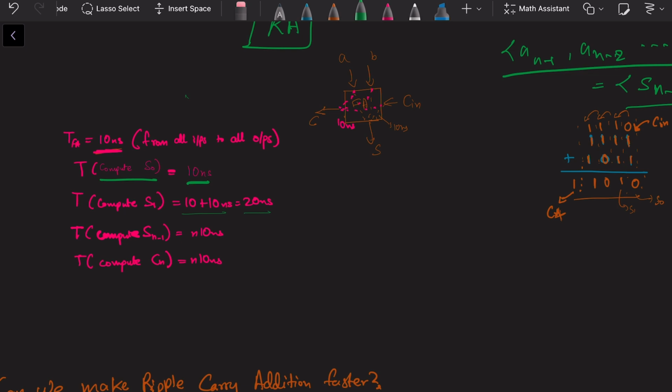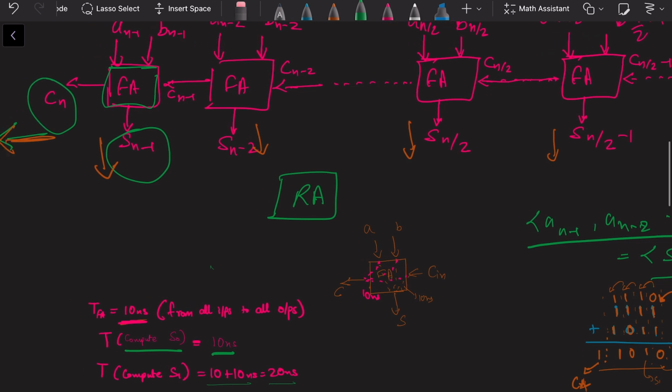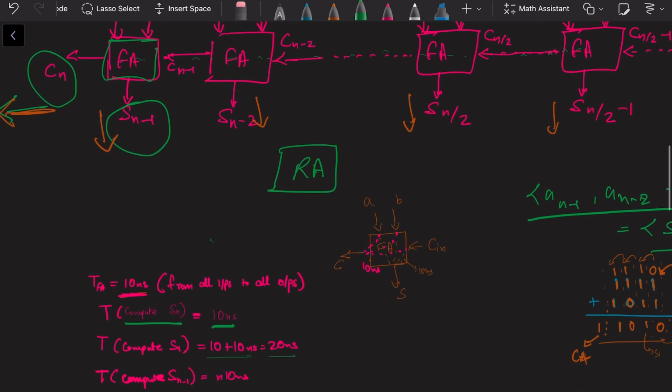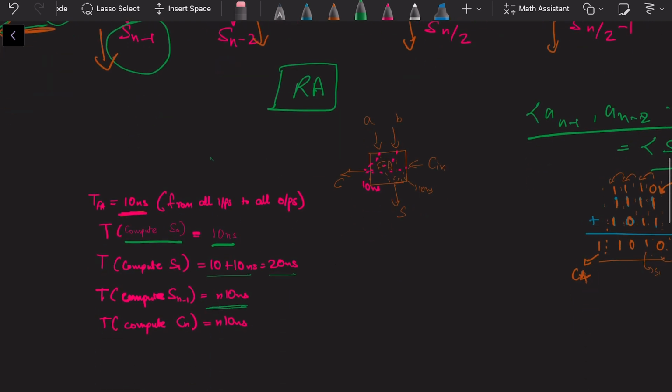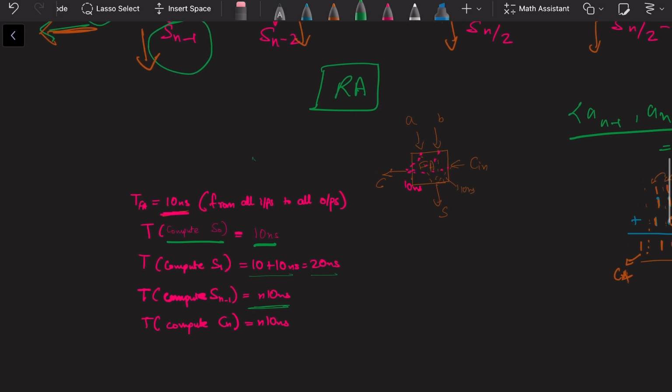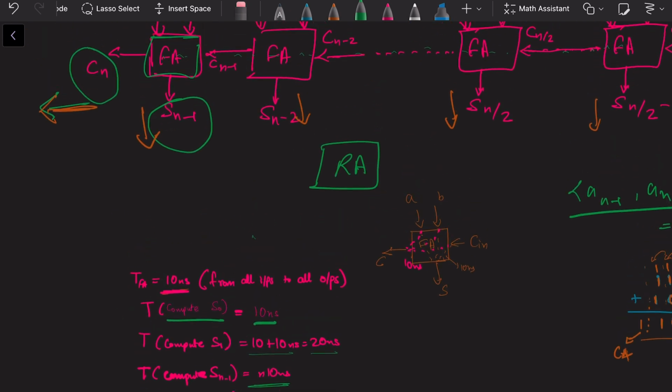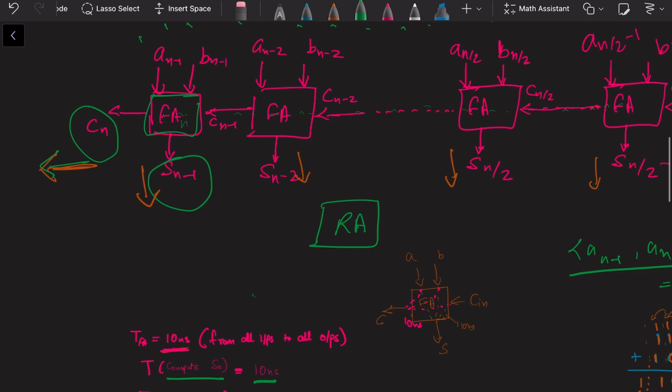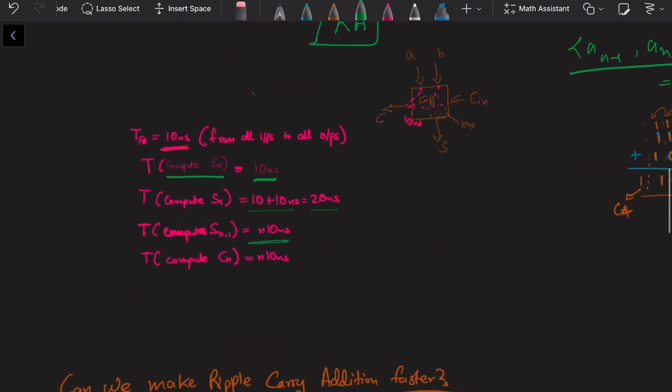Similarly, if you want to compute Sn minus 1, which is after n full adder stages, then that becomes n times 10 nanoseconds. And the time to compute Cn, which is the carry out of the nth full adder, is also going to be n times 10 nanoseconds.